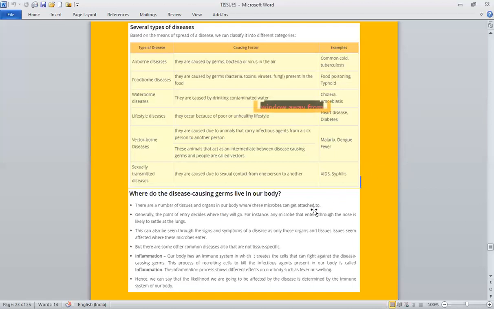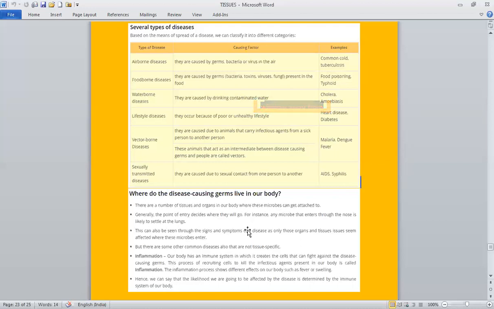Where do these disease causing germs live in a body? There are a number of tissues and organs in a body where these microbes can get attached. Generally, the point of entry decides where they will go.